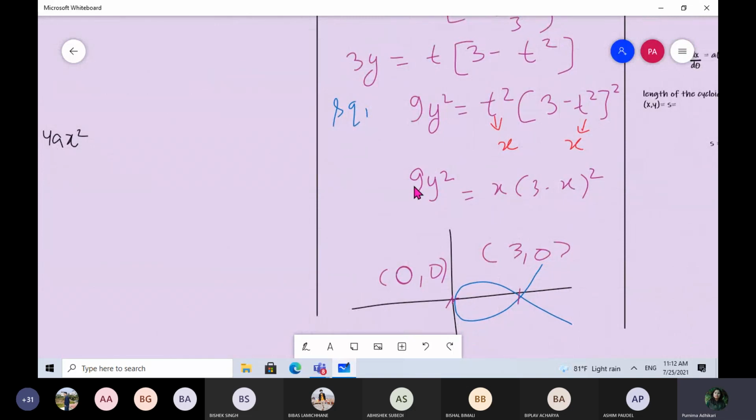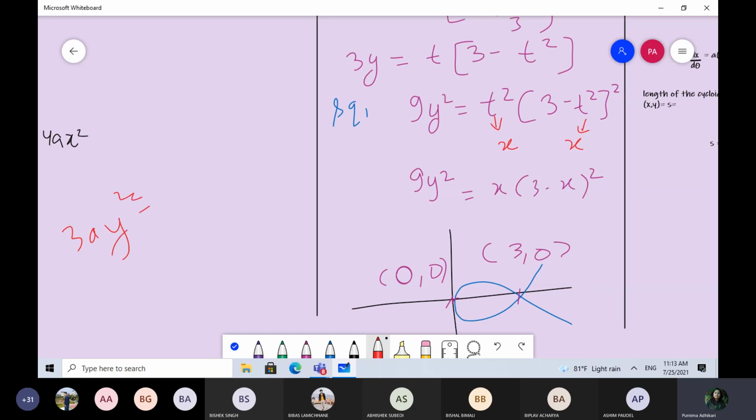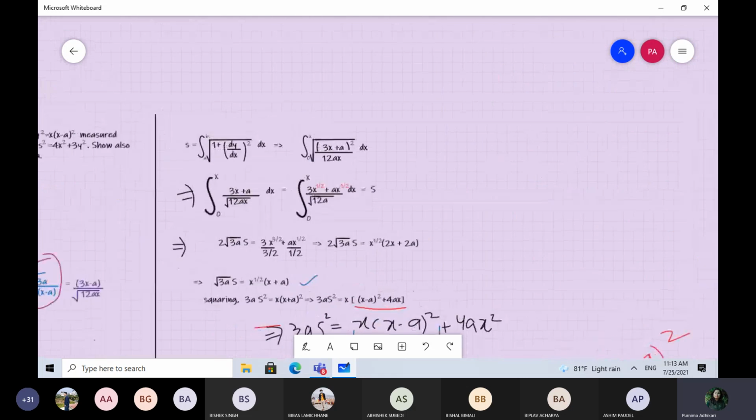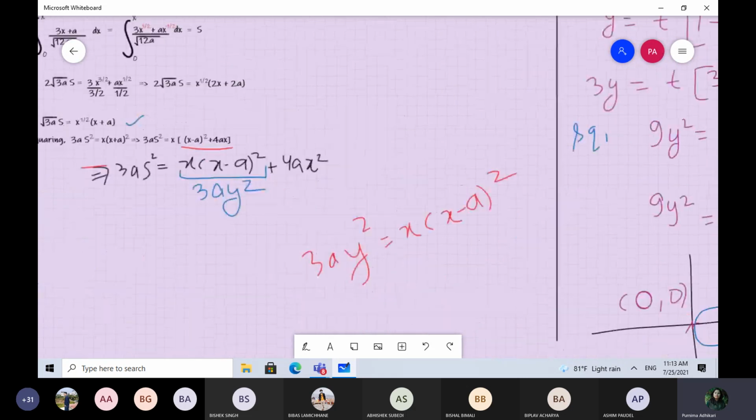And then you see अघि हाम्रो equation के थियो? Your equation was 3ay square equals x into x minus a whole square. This was your equation, isn't it? Yes.